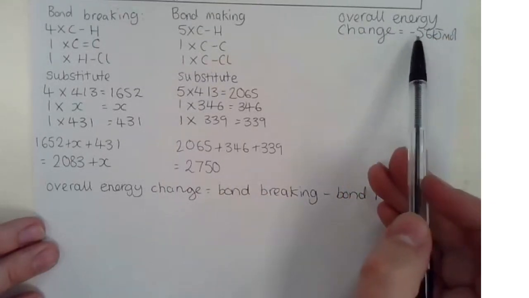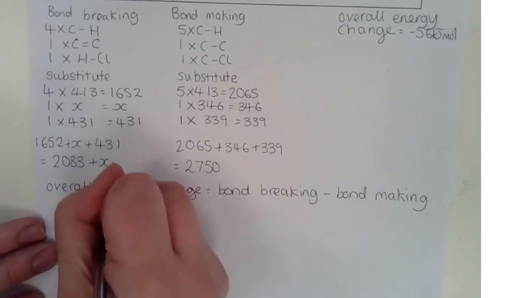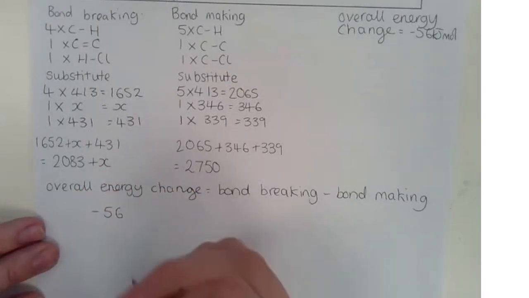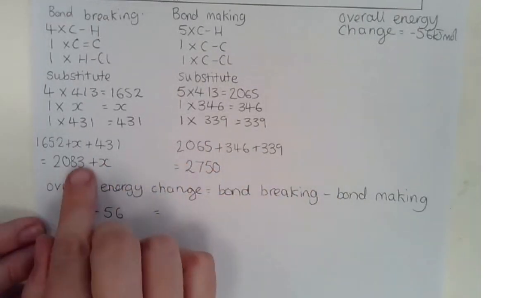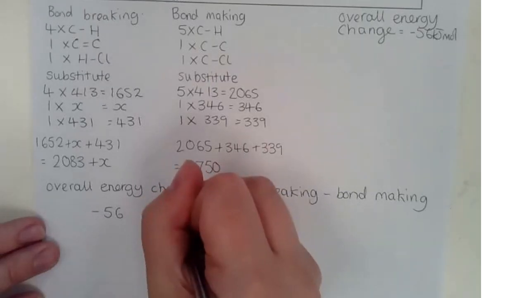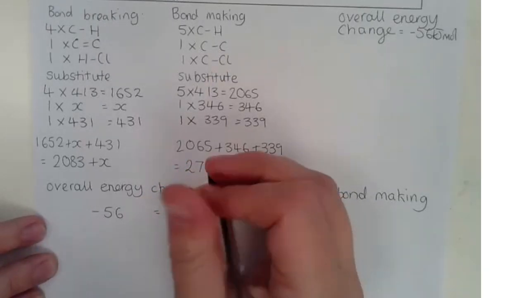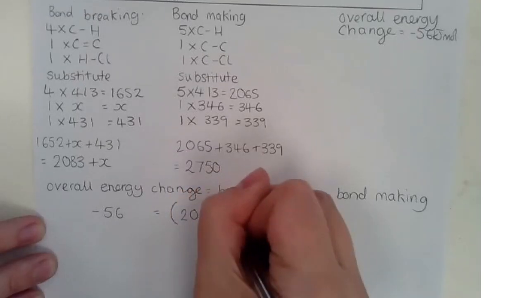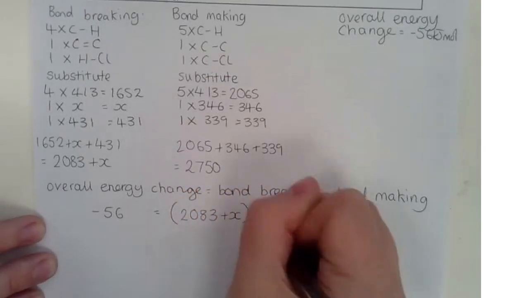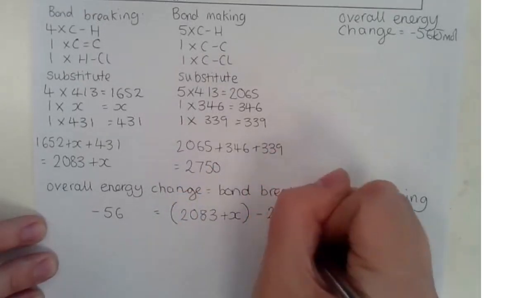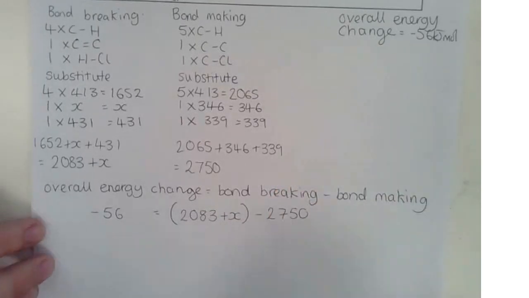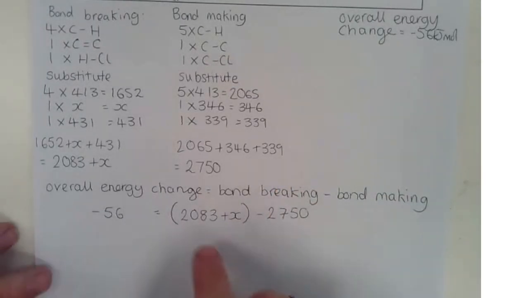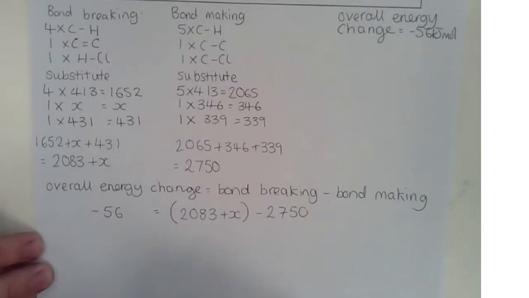My overall energy change is minus 56, so I substitute that in. And that is equal to my bond breaking, and I'm going to put this in a bracket. It is very important that you always put these in a bracket. Take away my bond making. I always rearrange around the bracket first and leave the bracket till last.